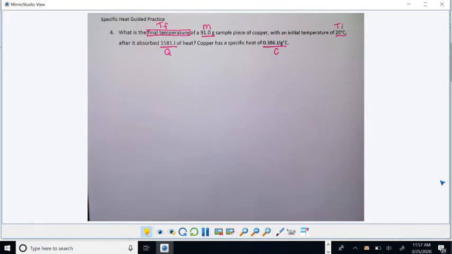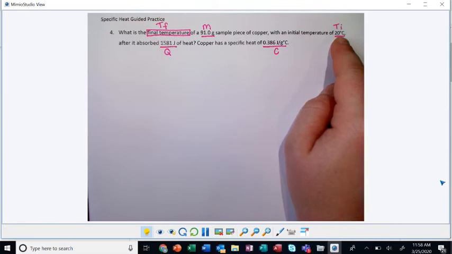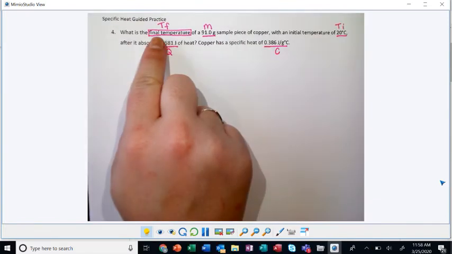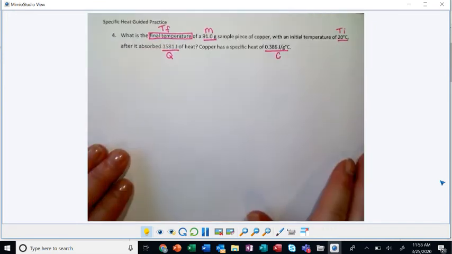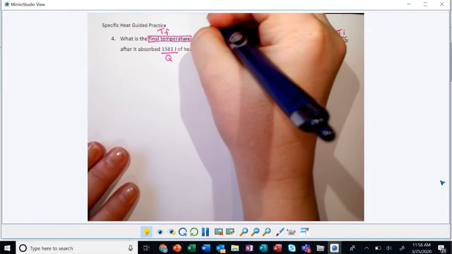All right. So I want to give you one tip for these types of problems. If you are looking for the T final, do not change the initial temperature from Celsius to Kelvin. It will mess up your equation. This is the only time I am telling you not to change your temperature, is if you are looking for T final. So I'm going to go ahead and write that up here, right?